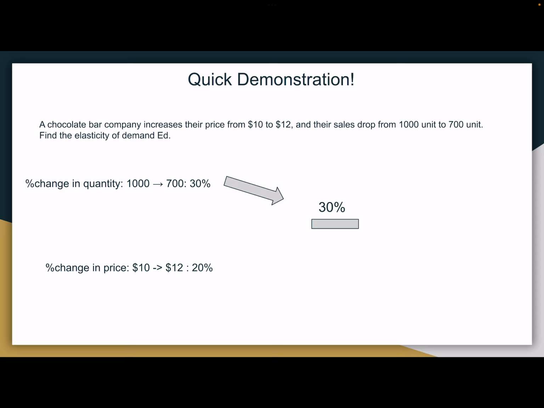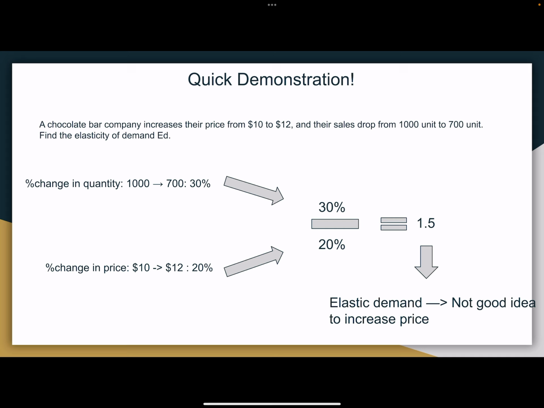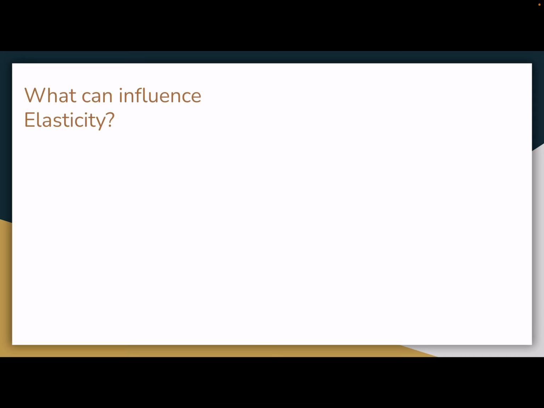We also know that price has gone up from $10 to $12. That is a 20% increase in price. That goes in the denominator of the equation. These two give a value of 1.5, which means demand is elastic and it is not a good idea to increase the price.